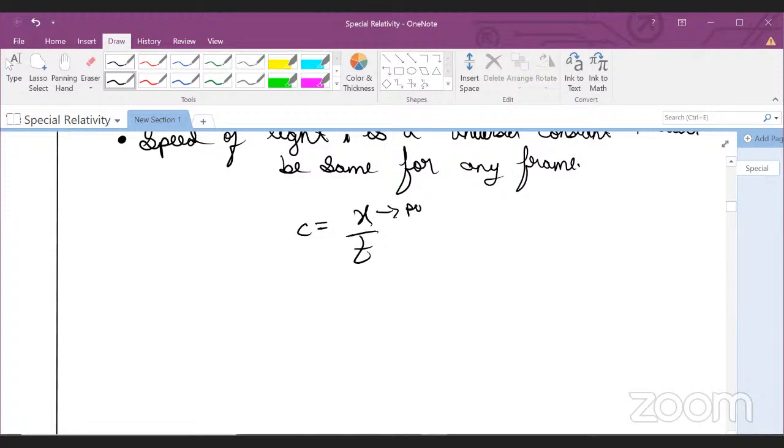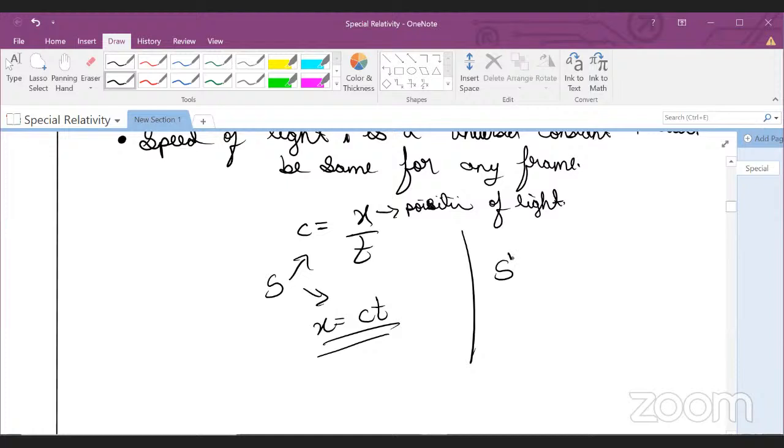Where x is the position of light. Or I can write x equals ct, right? So this is according to the S frame. According to the S dash frame, c has to be constant. c doesn't change. That's our idea. So it is c equals x dash by t dash. Then we get x dash equals c t dash.